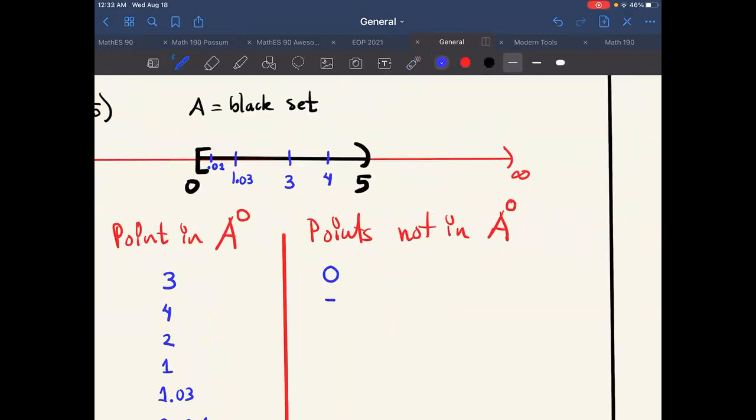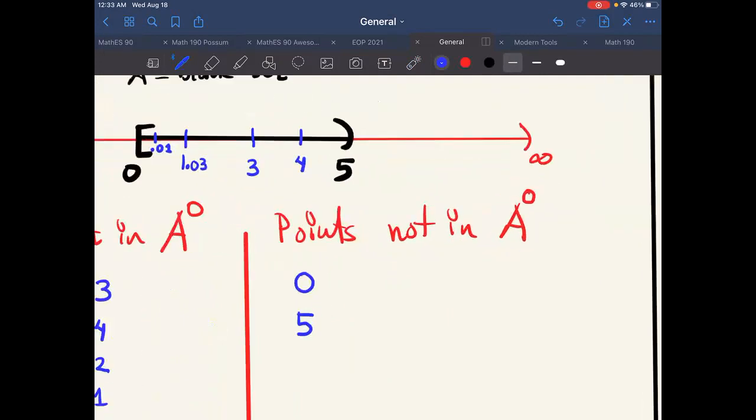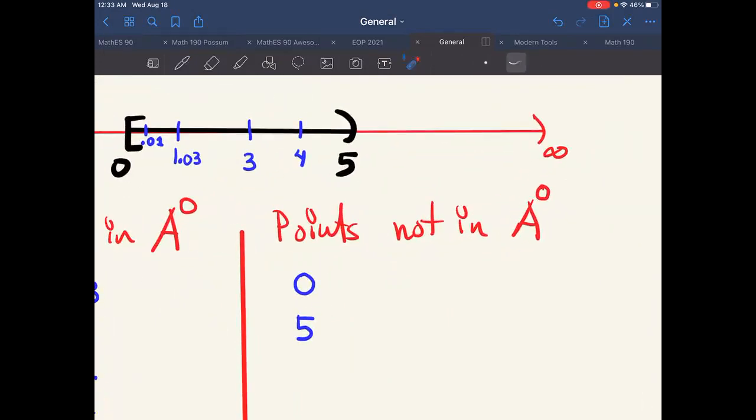Likewise, 5 is not an interior point either. Can you explain why, Professor? Yep. Take a look. If this guy, x equals 5, were an interior point, there would exist an a and a b, a little open interval that contains 5, right? So that all this interval is inside the black set, but that's not possible because this part escapes the black set.